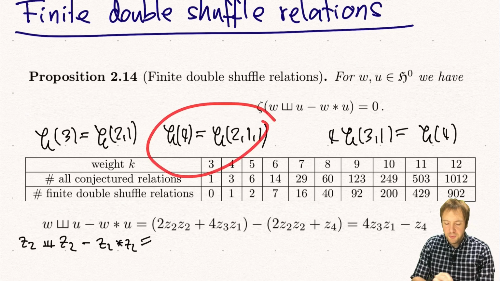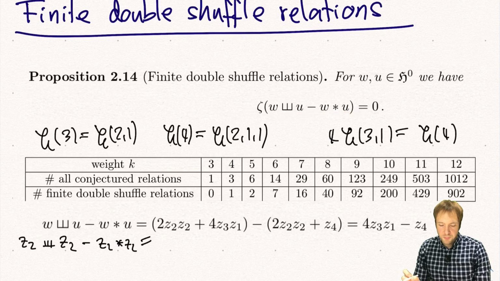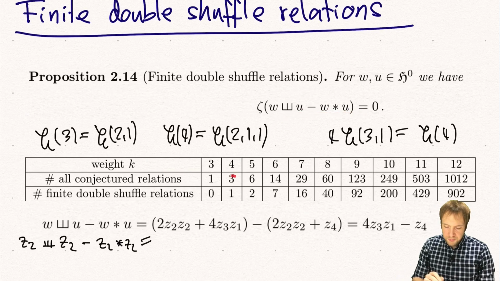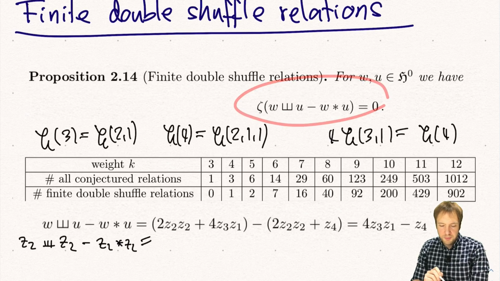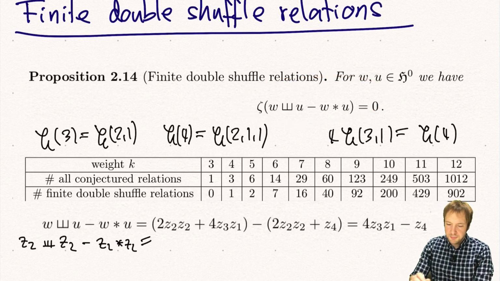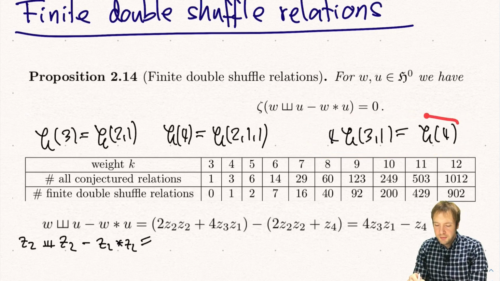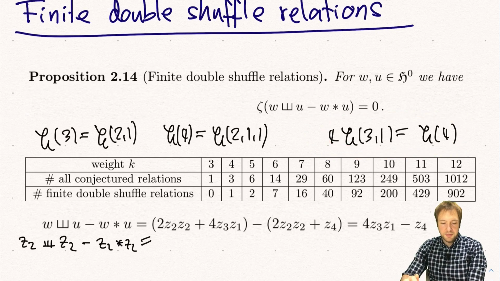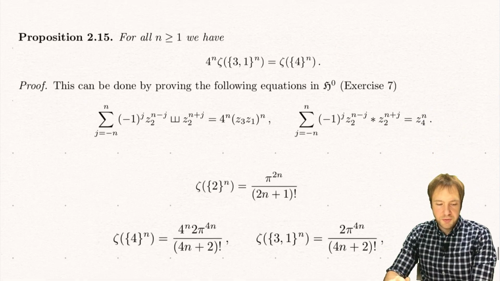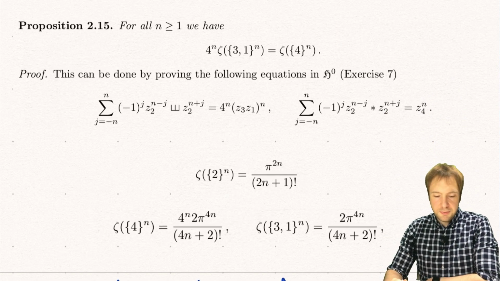So this, for example, is also not a consequence of these finite double shuffle relations. And also there's a third one, which does not follow from these finite double shuffle relations here. But this one here is an example of a finite double shuffle relation, and this relation actually has a nice generalization, which is given by this proposition here.